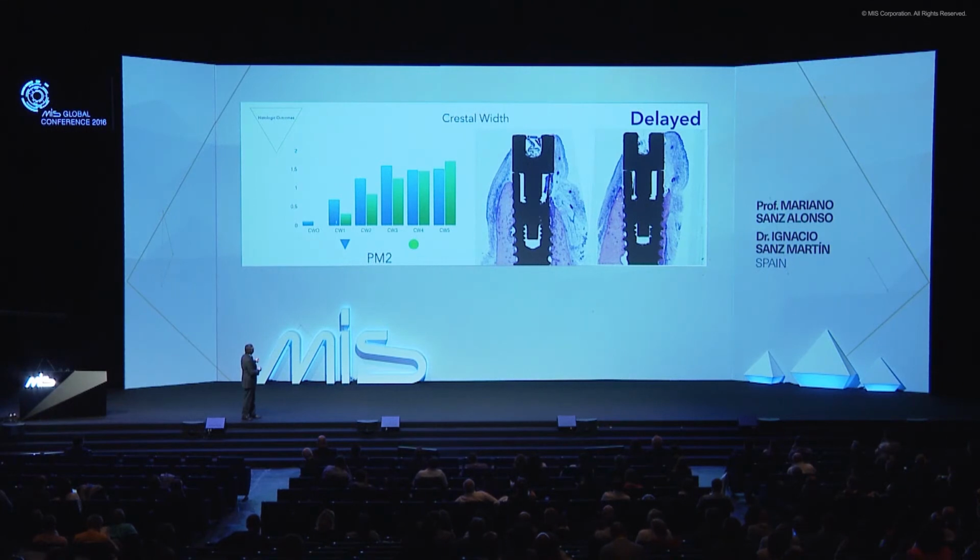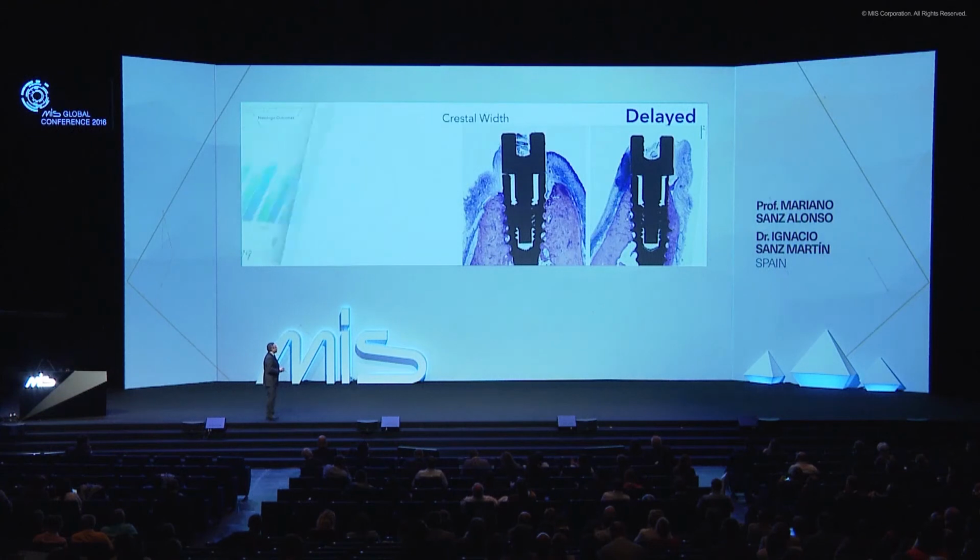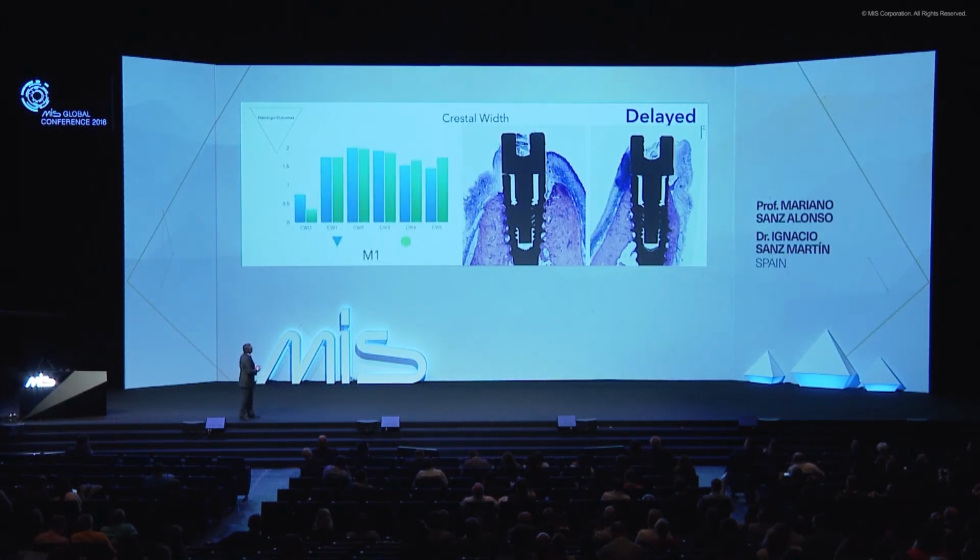And you can see how the width is always higher at C1, 2, and 3, almost up to 5, which is 5 millimeters below the crest. So the first 3, 4 millimeters to the crest are clearly wider in the experimental implants.